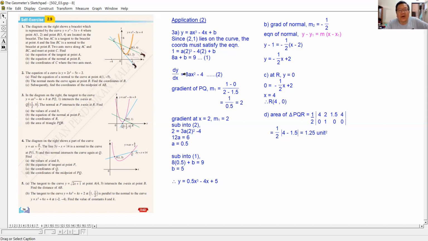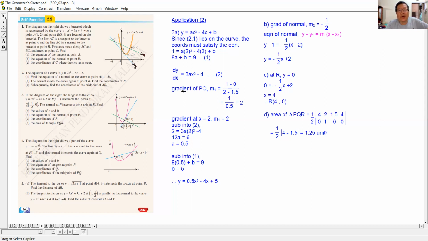But before substituting the point 2, I try to find the gradient of PQ, because the coordinates of both P and Q are known. So if P and Q are known, then I can find the gradient of PQ.